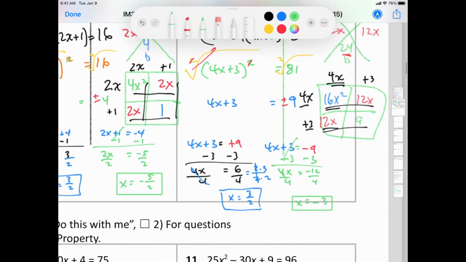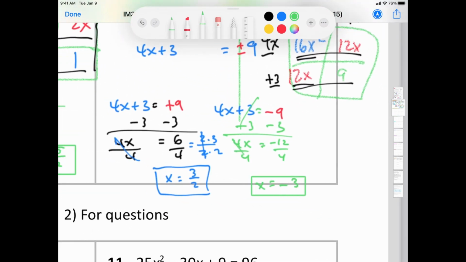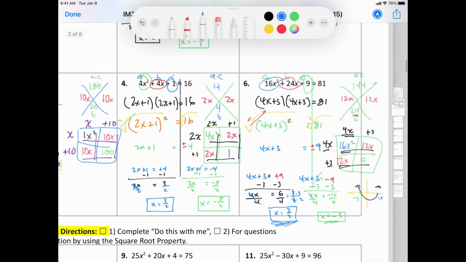Okay? So remember, the big idea we're doing here is, so you don't forget, we're solving quadratics. And x equals negative 3 would be this one. Blue would be 3 halves or 1.5. And I'll show you guys one more.